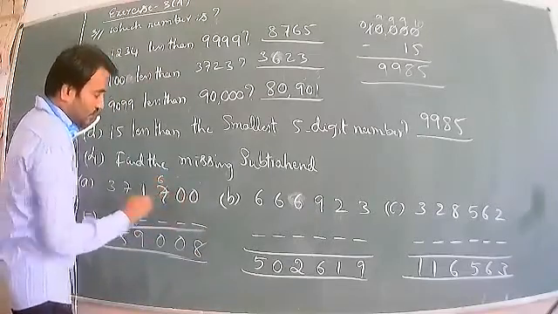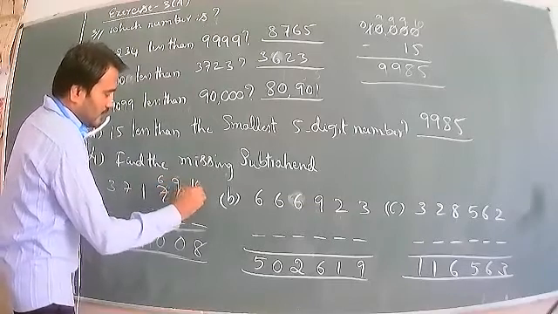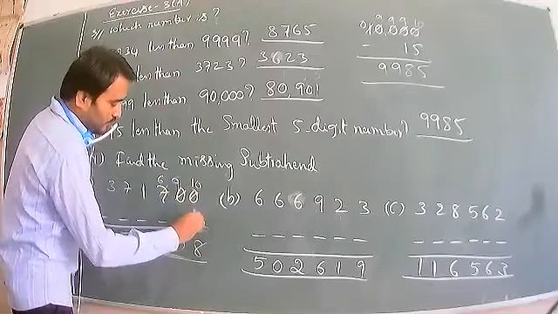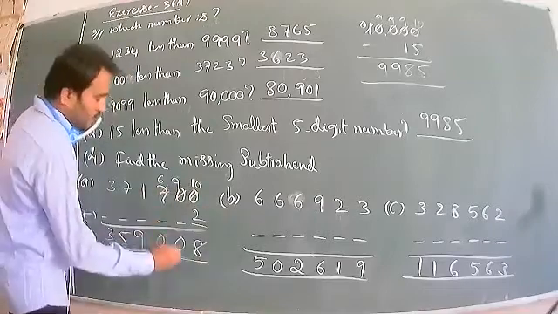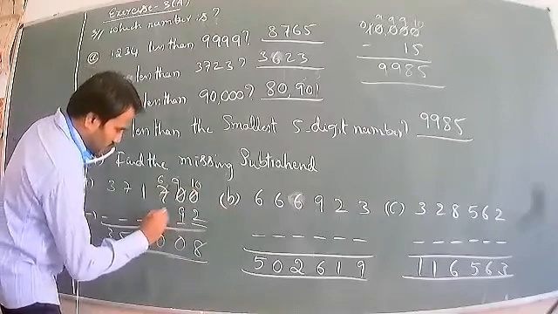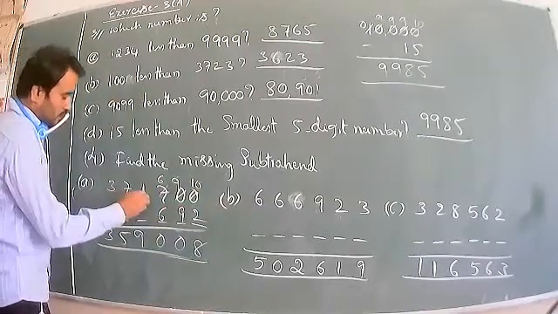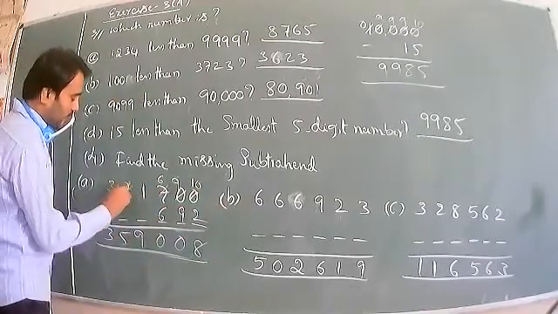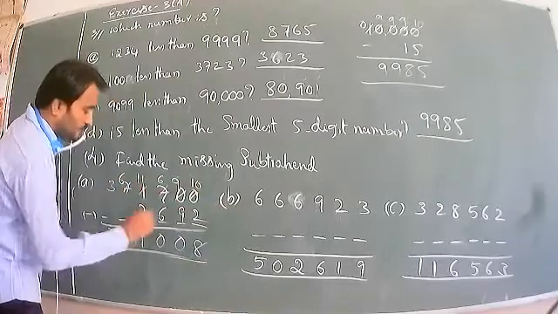So it is 6, it is 9, it is 10. 10 less 8, 2. Now 9 less 0, 9; 6 less 0, 6. Now 1 is not less 8, take the carry. It is 6, it is 11. 11 less 9, 2.